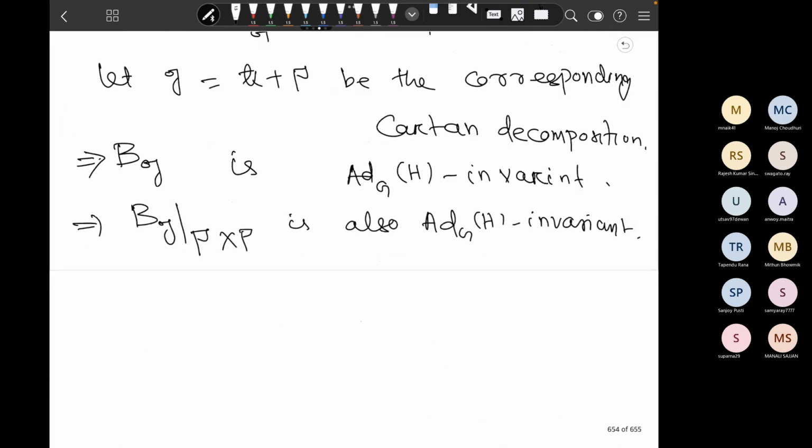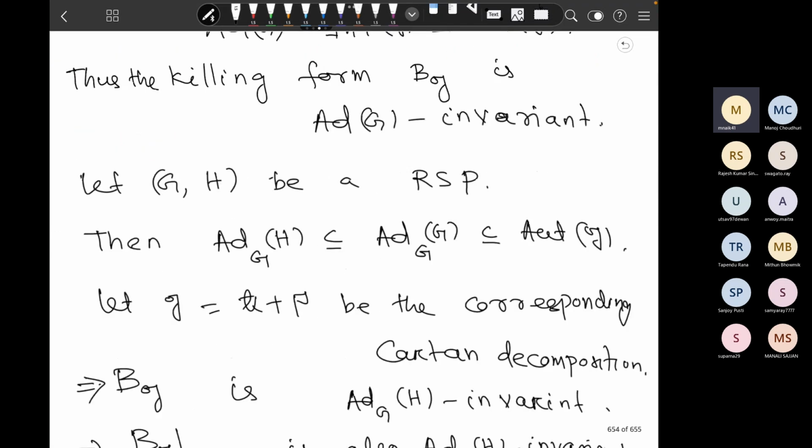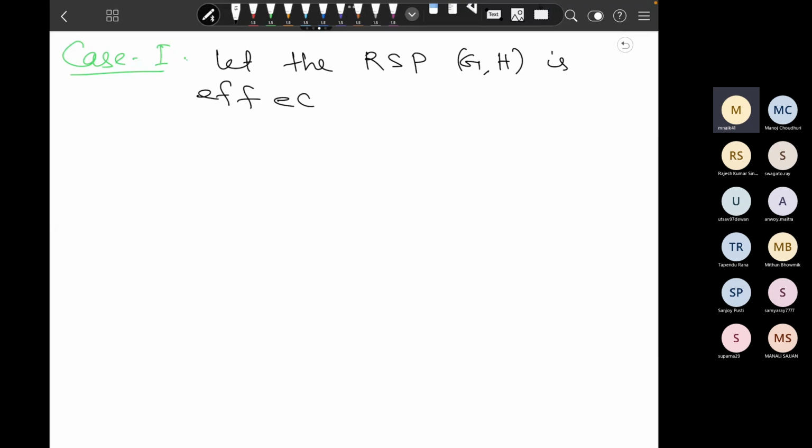Okay, so this is the thing. Now we have two cases. Case one. Let the Riemannian symmetric pair (G, H) be effective and of compact type.